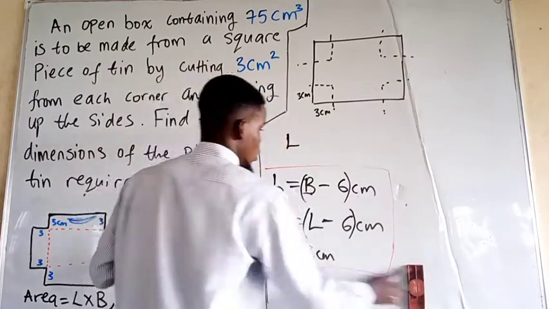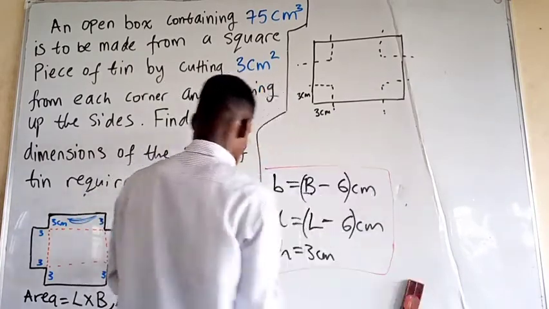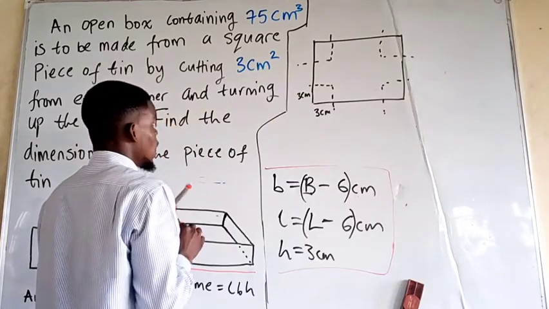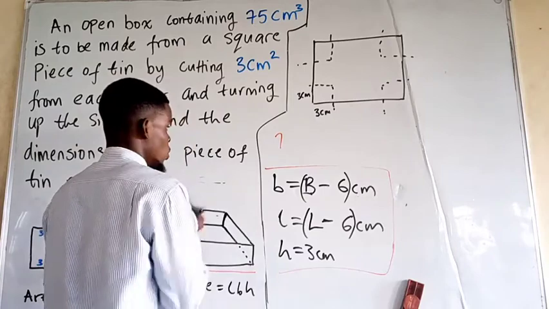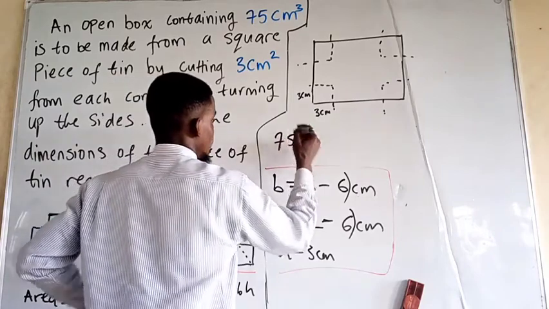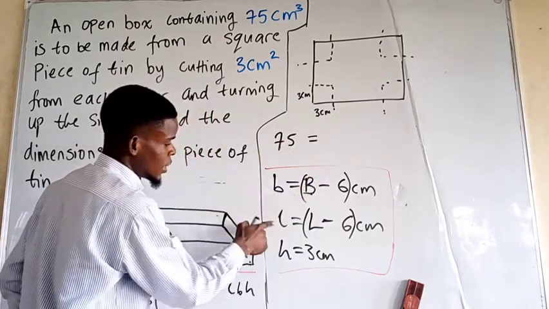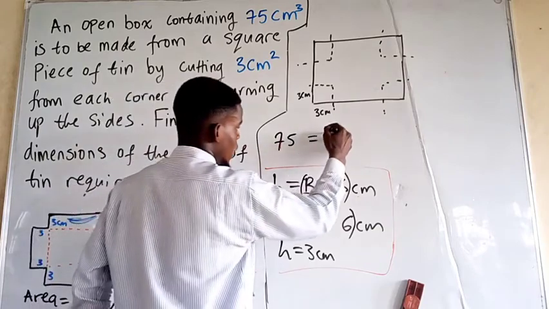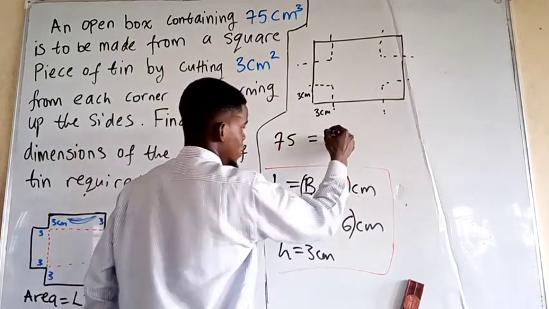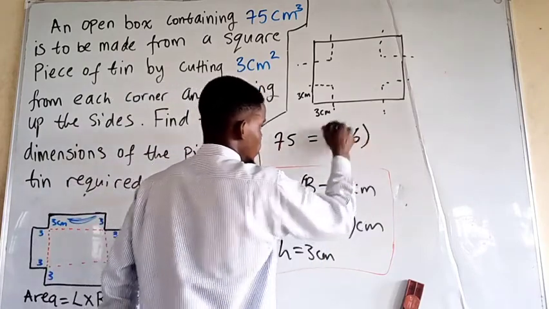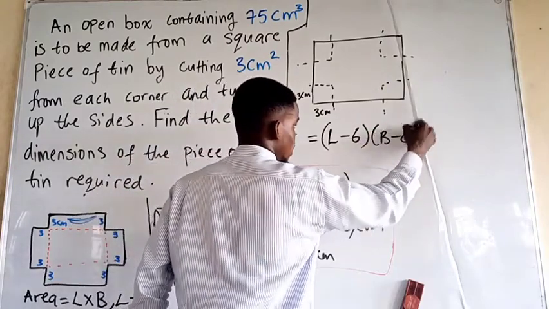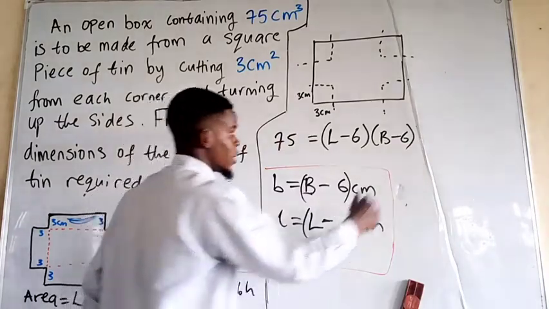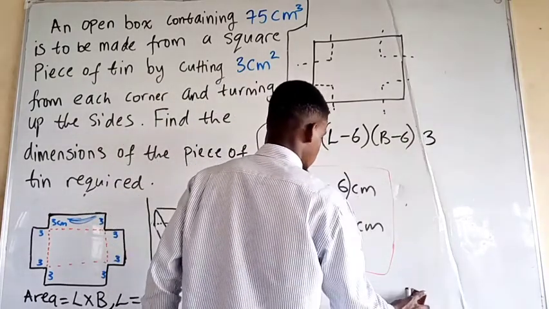The volume, which is given as 75 centimeters cubed, is length times breadth times height. The length in this case is L minus 6. The breadth in this case is B minus 6, right? And then the height here is actually 3.